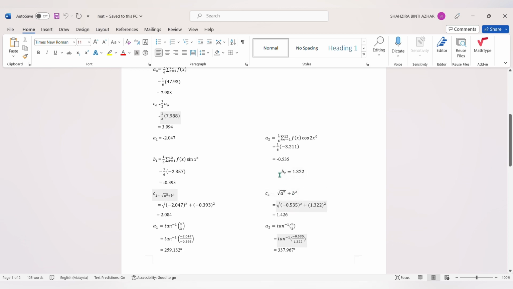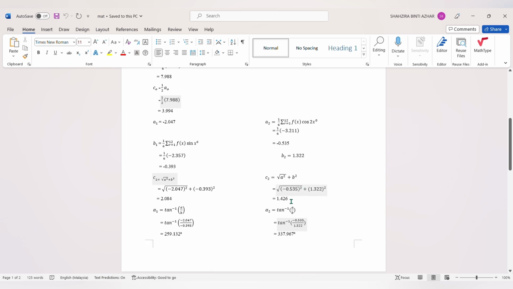And then we move to A2. This is for the second harmonic, where I got the answer negative 0.535, and then B2 is already given in the question, which is 1.322, and we calculate for C2, where I got the answer 1.46426.